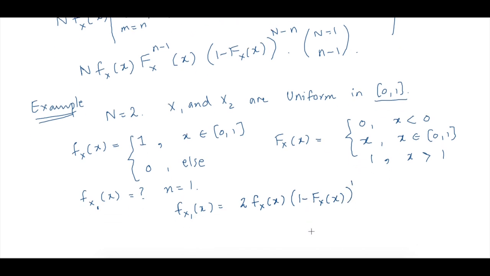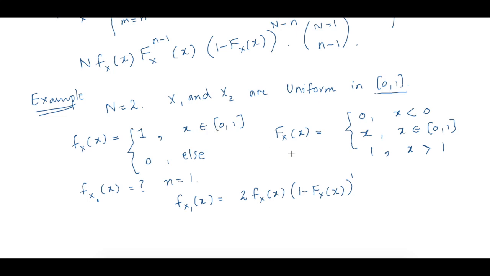So all you have to do is, in the range of 0 and 1, this is equal to 2 times 1 times (1 minus x). This is equal to 2 minus 2x, if x is between 0 and 1.